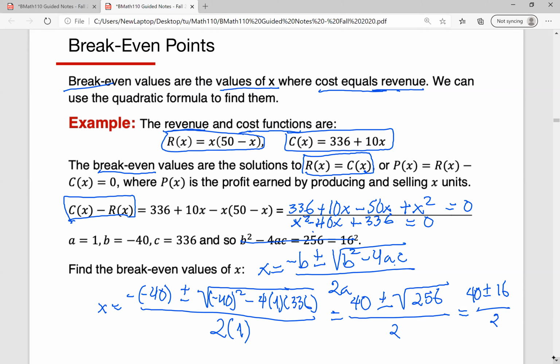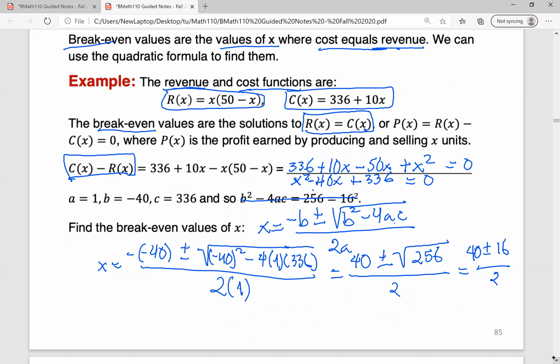So remember, that guideline is actually from the math department. So we use that, but it doesn't mean that it's always correct, or always easy to understand. So I'm just going to try to make it easy to understand. So x will be equal to 40 plus 16 over 2, or x equal to 40 minus 16 over 2.